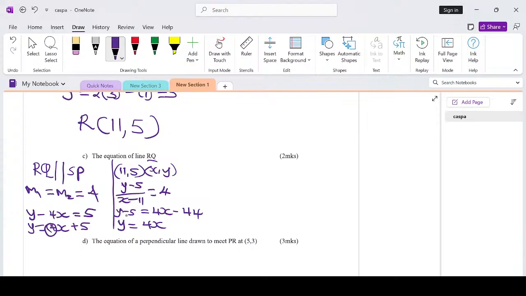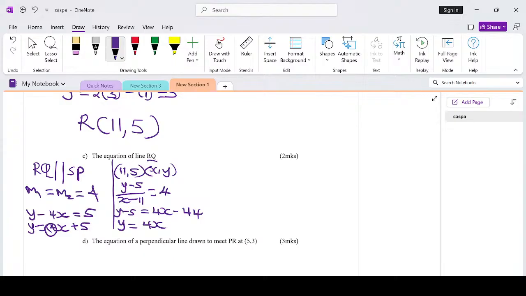Minus 5 crosses the equal sign and becomes plus 5. Remember, I'm just doing a collection of like terms.